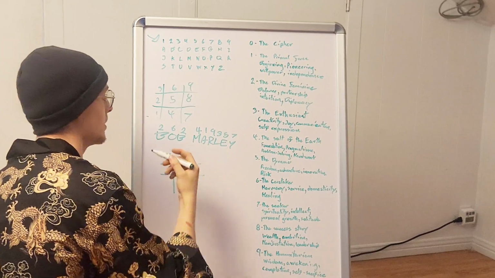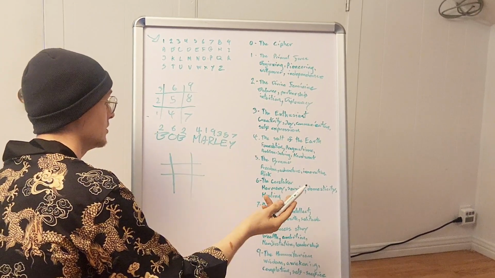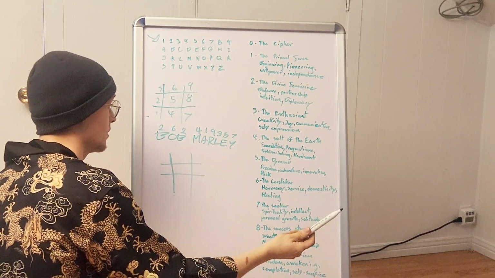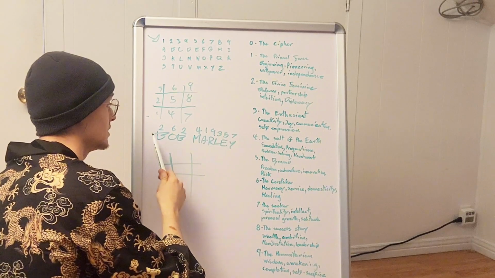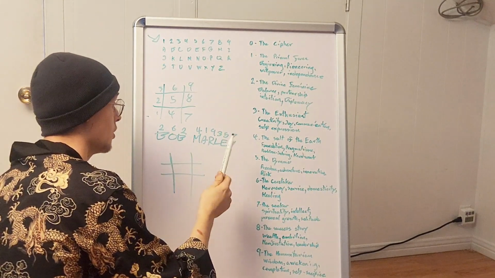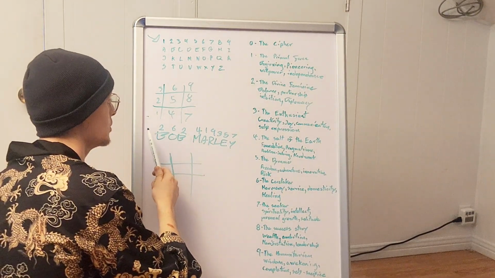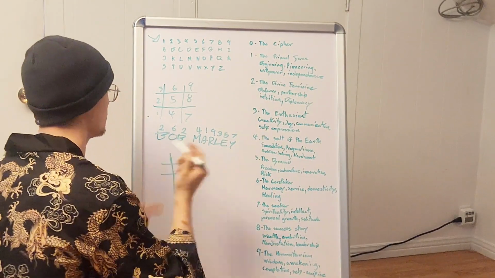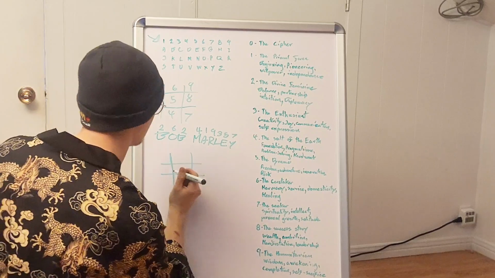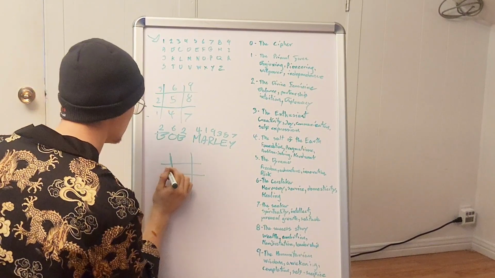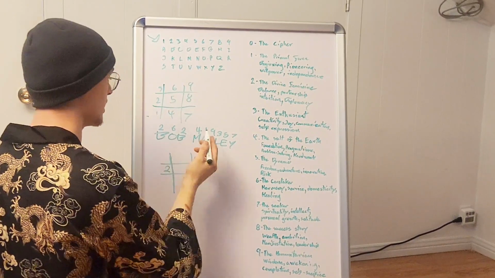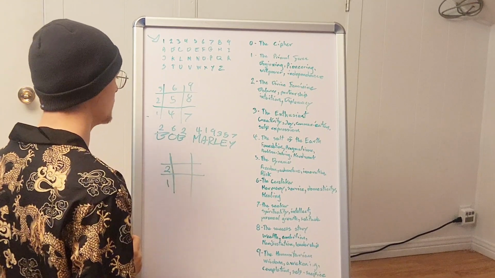Now, differently from the birth chart, you need to count the number of 2s or numbers you have in it. So let's say this guy would have 2 2s. So you go here for the 2s, you write 2. You got 1 1, you write 1.